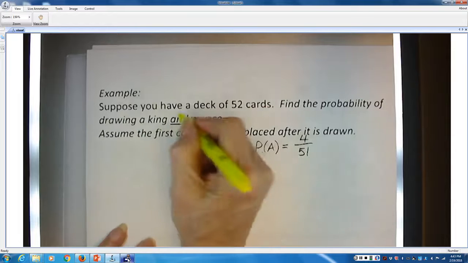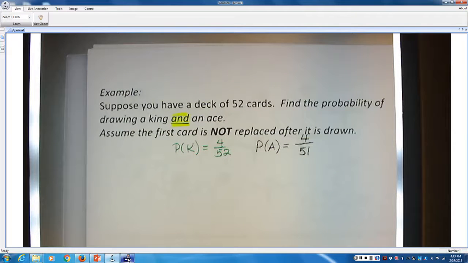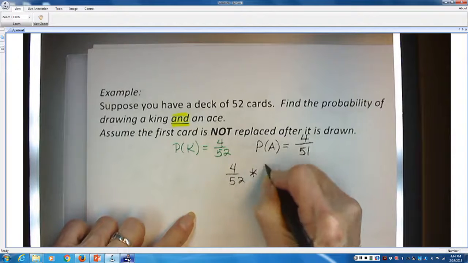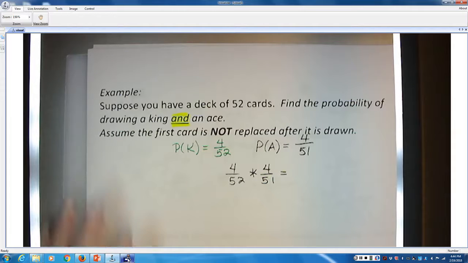There's that word, and. Four out of 52 times 4 out of 51.